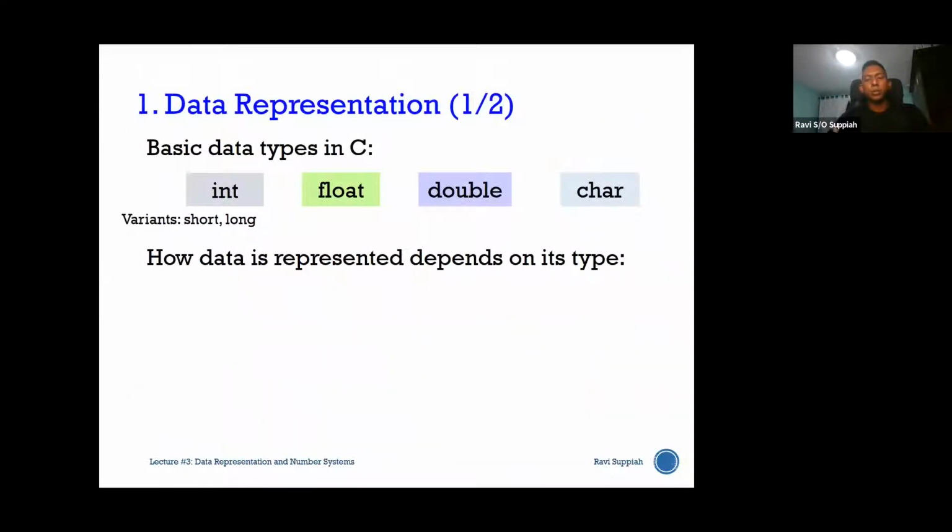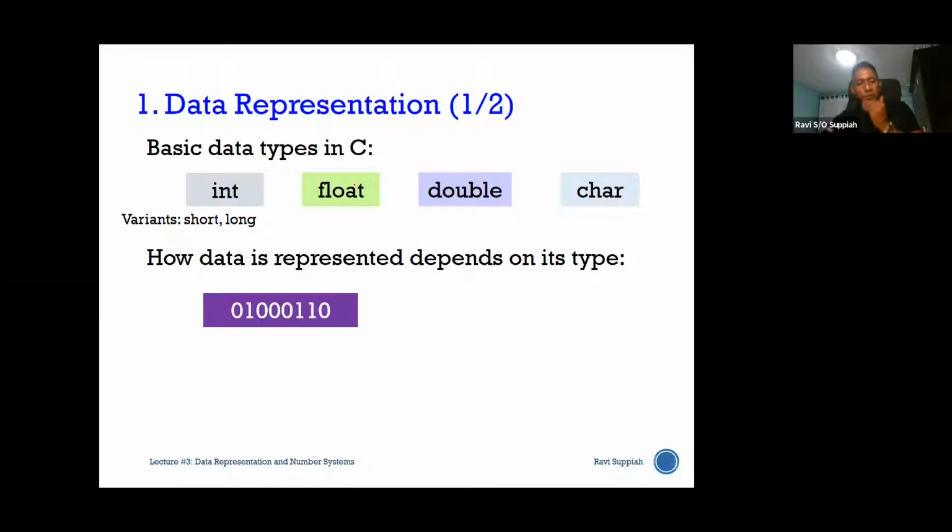As we have seen in the last set of slides, in terms of basic data types, we have character, integer, float, and double. There are different variations to this, but these are the 4 main basic data types in C. How data is represented basically depends on its type. What do I mean by that?